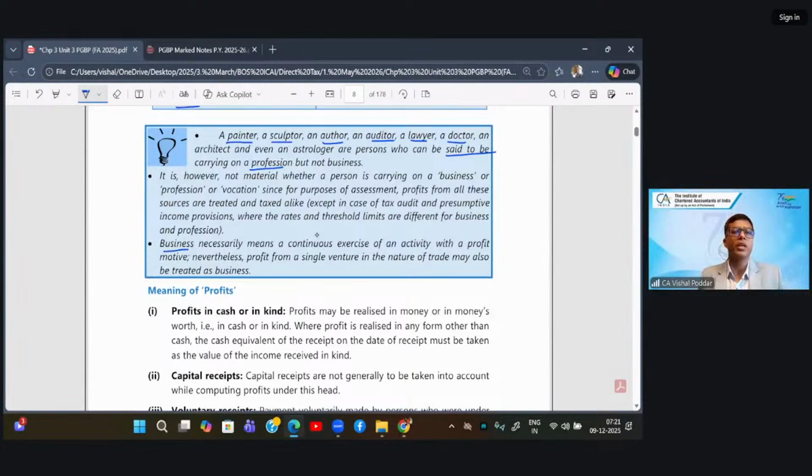Business necessarily means continuous exercise. So in general, business will mean a regular exercise. However, profit from a single venture, which I was explaining, which is in the nature of trade or commerce, will also be treated as business. So what is important to understand is your intent.